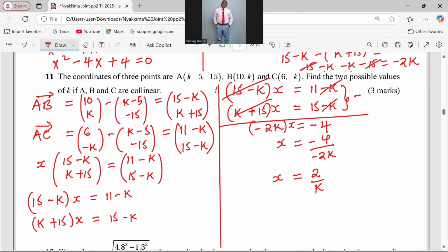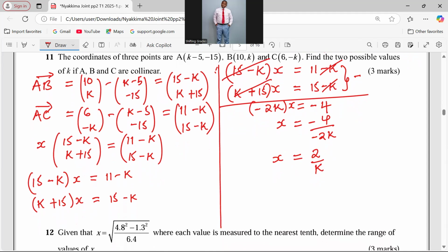So because the value of x has been expressed, we can express k also: k, the constant, is equal to 2 over x. If the value of k is 2 over x, then we can use equation 1 to find x.